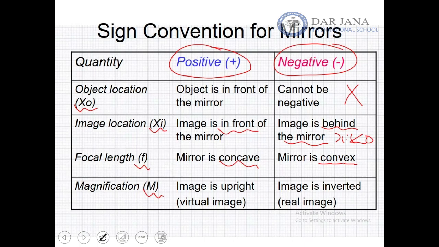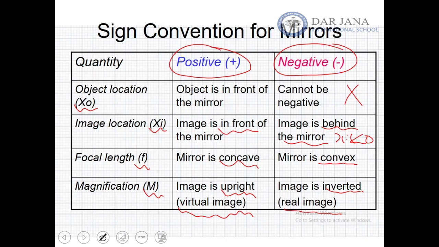Magnification. If the image is upright or a virtual image, which is opposite to real, the magnification here will be positive. On the other hand, if the image is inverted or real, the magnification in this case will be negative.